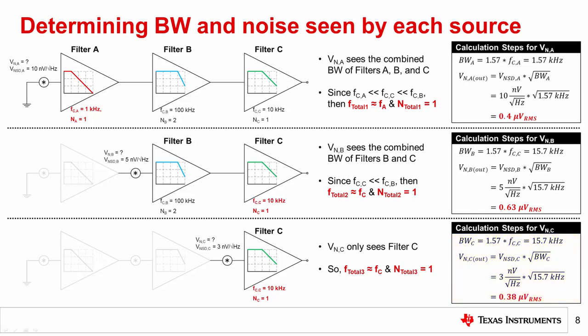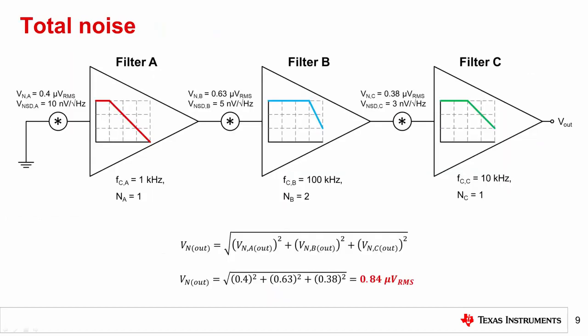Now that you have determined the noise of each component, you can apply the root sum of squares to calculate the total noise. Shown here is the original system used in this example with the voltage noise of each source identified. Taking the root sum of squares of the voltage noise for each component, the total voltage noise of this system is equal to 0.84 microvolts RMS.